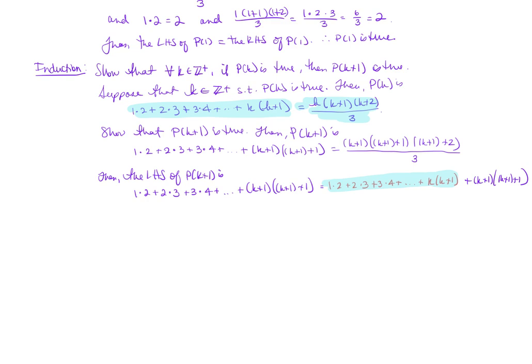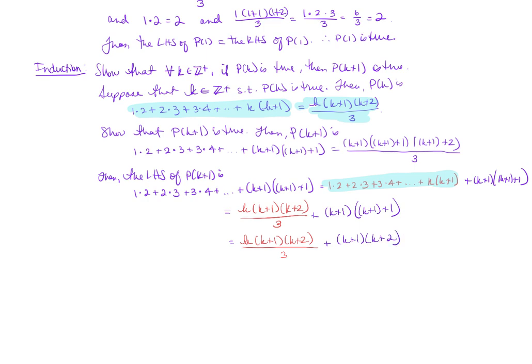And so I can't quite align my equal signs the way I'd like to because there's a whole lot of algebra involved here. So I'm going to move it over just a little bit, but we can write this as k times k plus 1 times k plus 2 all over 3 plus our k plus 1 times k plus 1 plus 1. In other words, we end up with k times k plus 1 times k plus 2 all over 3 plus k plus 1 times k plus 2.